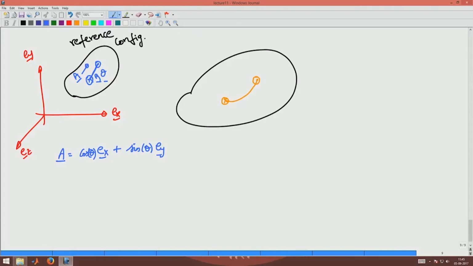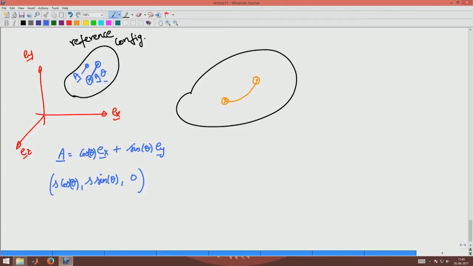Now any point on the line would be given by S cos theta, S sin theta, 0, because I am in the xy plane with 0 as the ordinate.